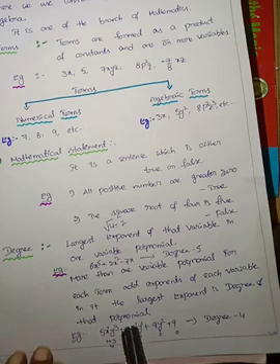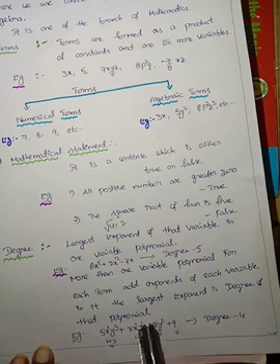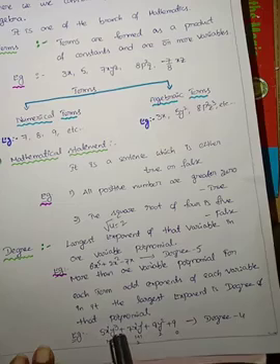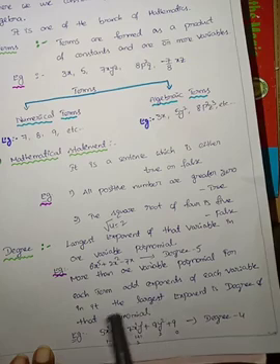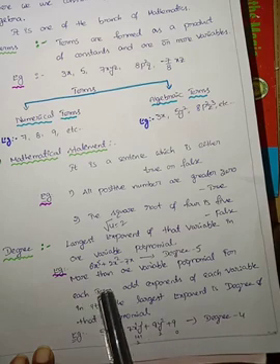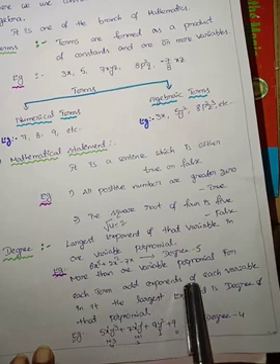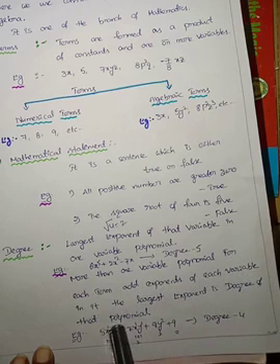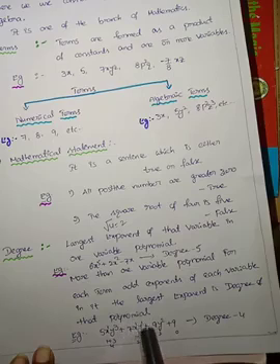In this polynomial there are more than one variable, x and y. How can we find the degree of this polynomial? We add the exponents of each variable in each term. This is one term, this is one term, this is one term, and this is one term.